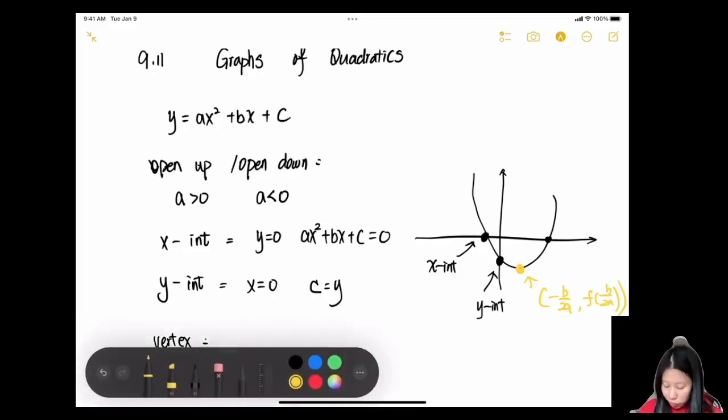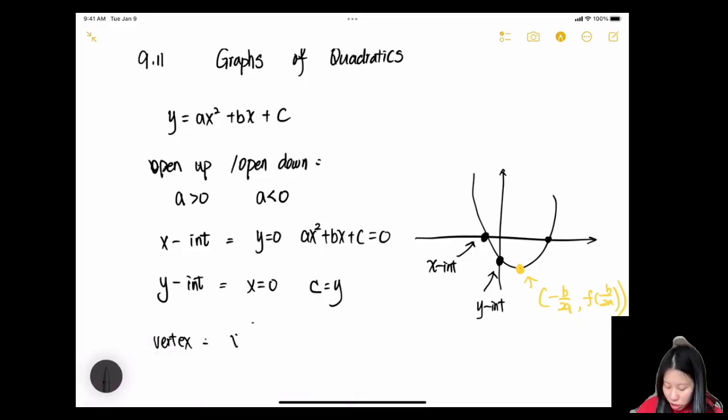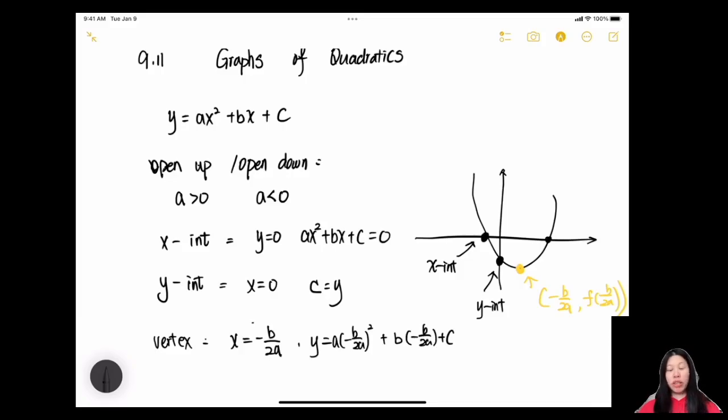So I'm going to write it here. The x-coordinate equals negative b over 2a. And then for the y-coordinate, you substitute negative b over 2a into the function to find the y-coordinate. And then we can find the vertex.